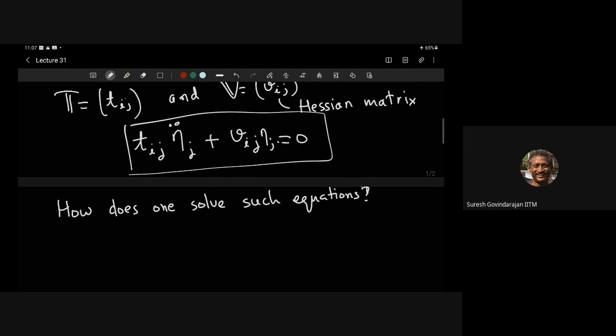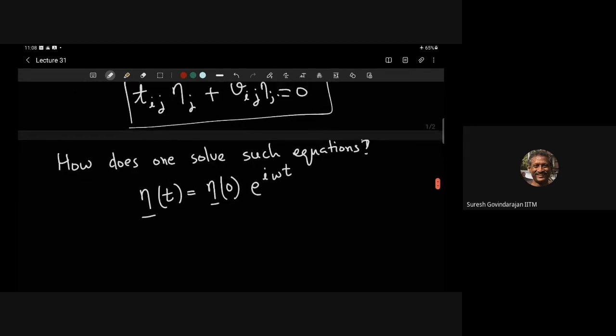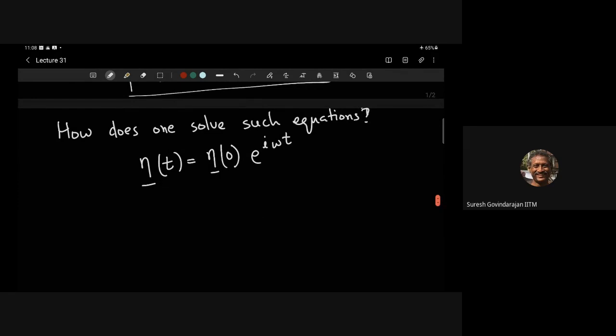Okay, so let's do something. Let's say that eta bar of t is eta bar at time 0 times e power i omega t. Let's just put this in as an answer, and then we get the column vector equation.